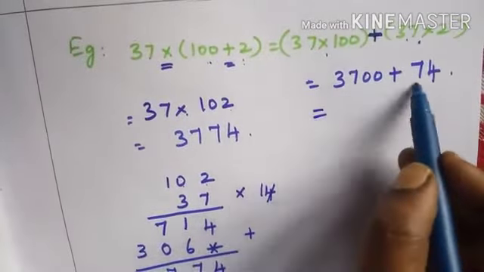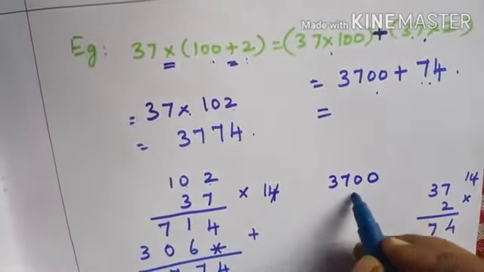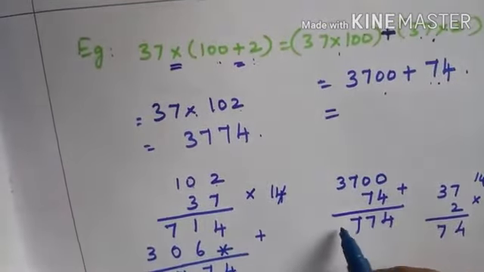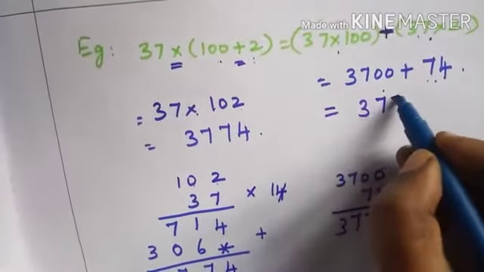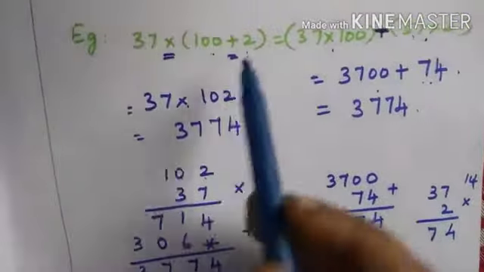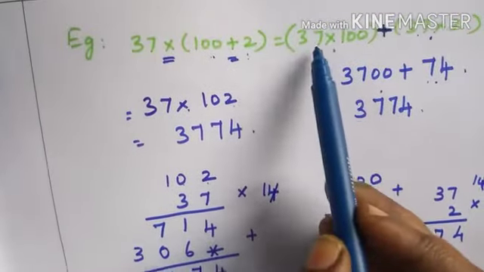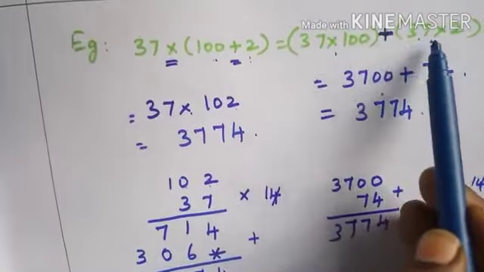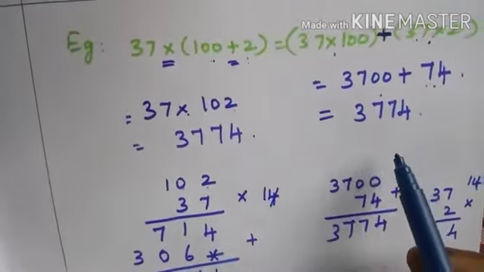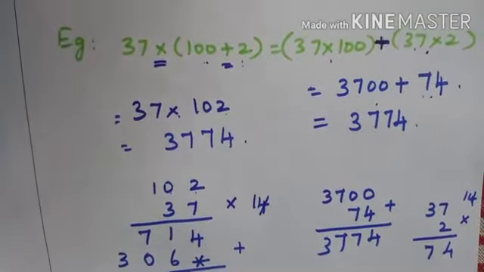So we are going to add these two numbers. 3700 plus 74. So when we are adding here, 3774. Therefore 37 into 100 plus 2 equal to 3774. That is equal to 37 into 100 plus 37 into 2. So here also we are getting the same answer. So this is called the distributivity of multiplication over addition.